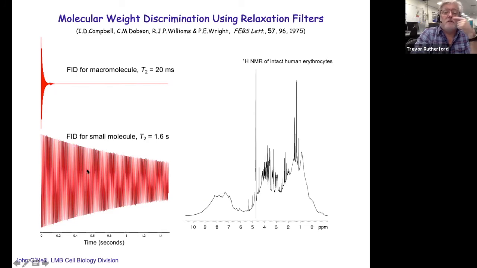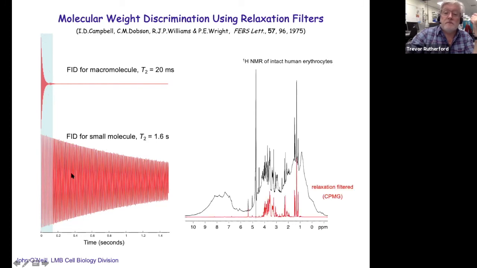And surely it couldn't be simple enough, could it, that if we were to delay the start of acquisition for a short period of time, so we don't acquire signal during this point, then this signal will decay away. This is a signal from a macromolecule will decay away, and we'll lose almost nothing from the intensity of the small molecule. Well, it is almost that simple.